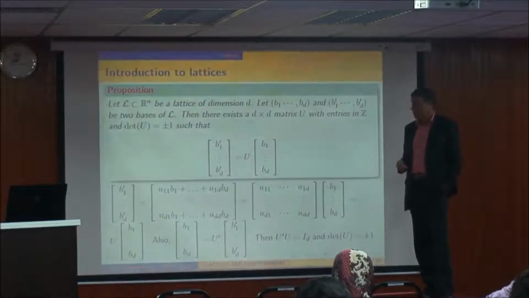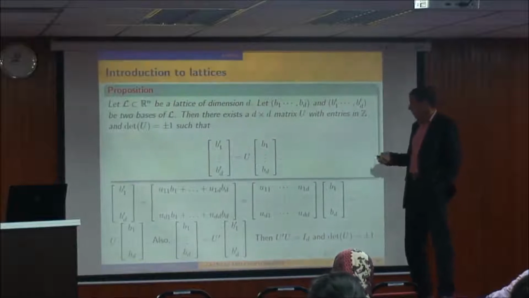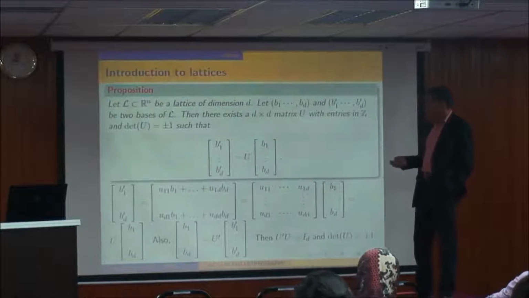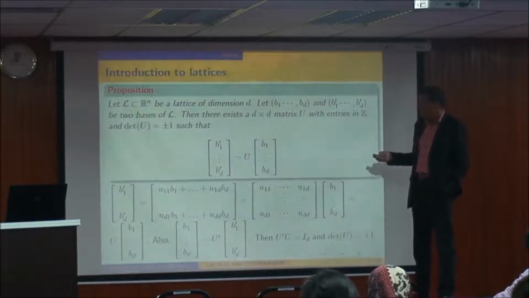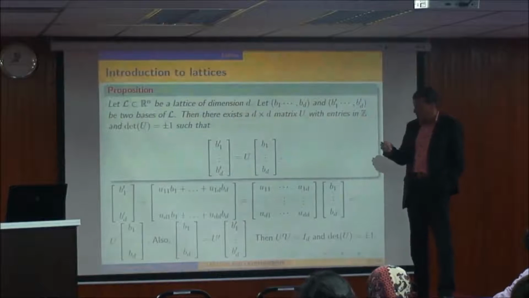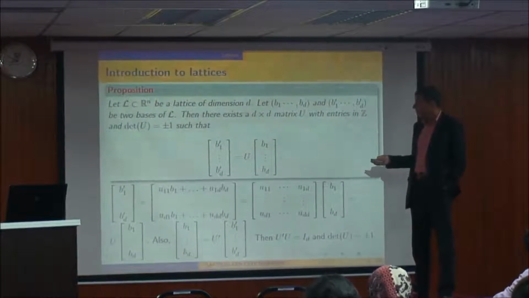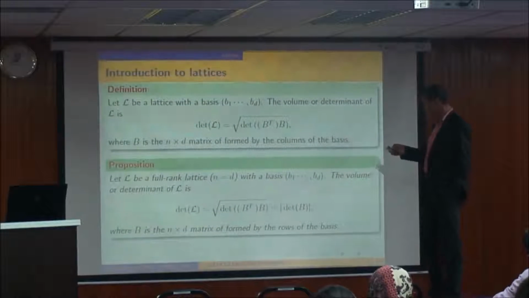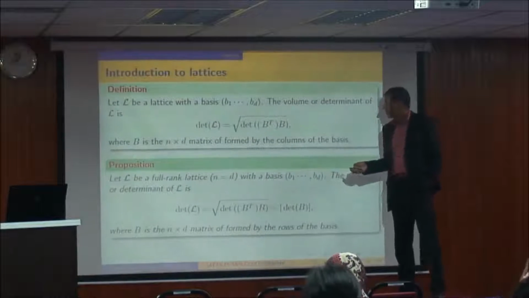I will say later why one basis is better than another, but for the moment we know that we can move from one basis to another using a matrix U, such that the determinant of U is plus or minus 1.